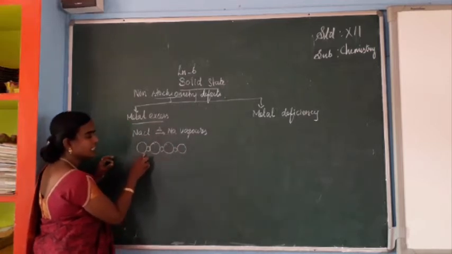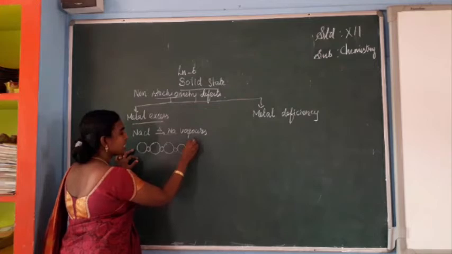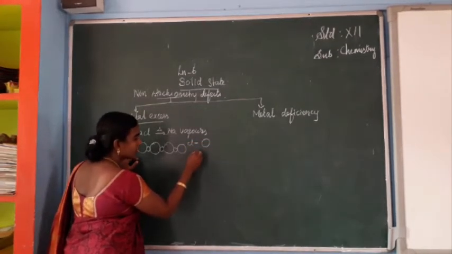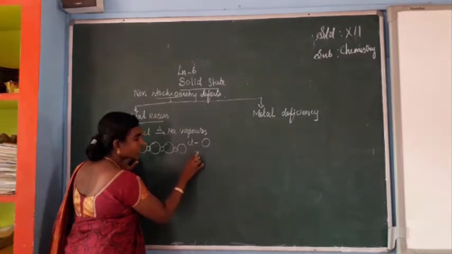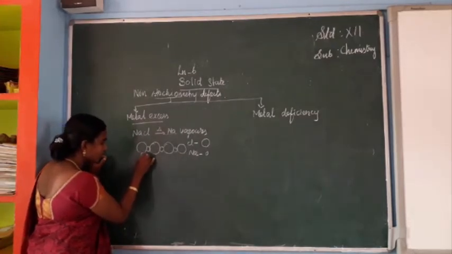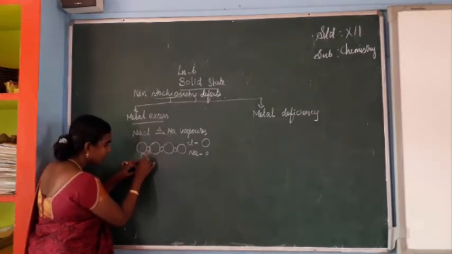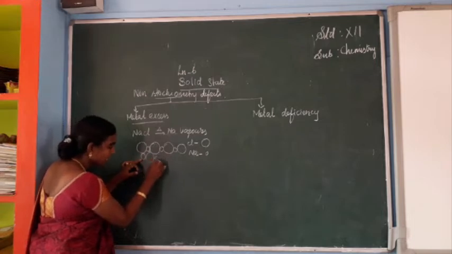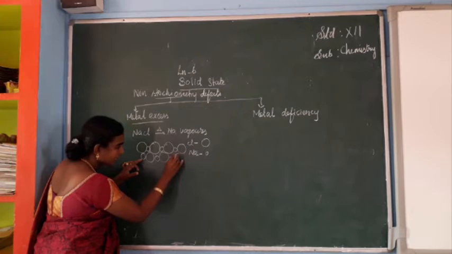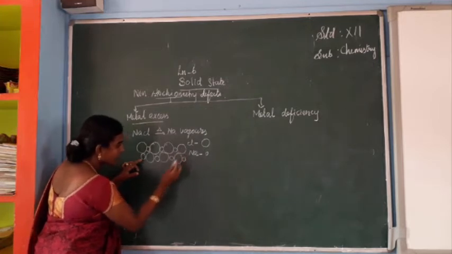These big ions, consider as Cl, and these small ions, you can consider as Na. Below Na comes Cl, next Na, afterwards Cl, and so on. Like this you can draw.